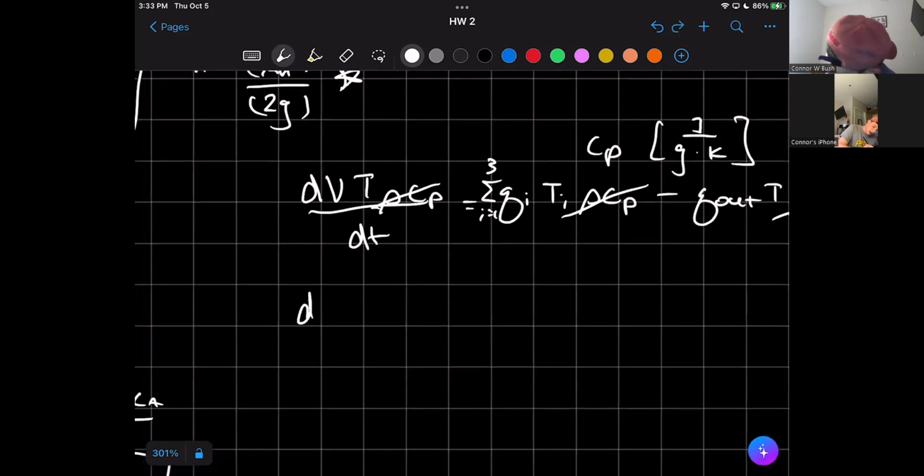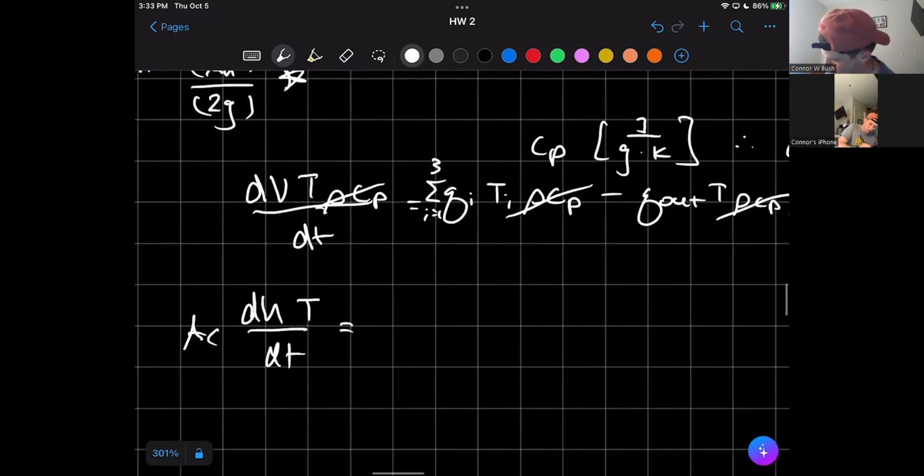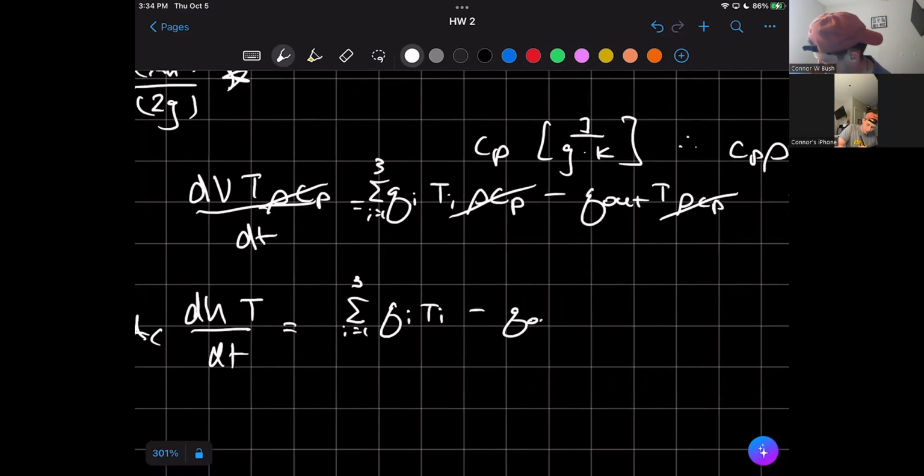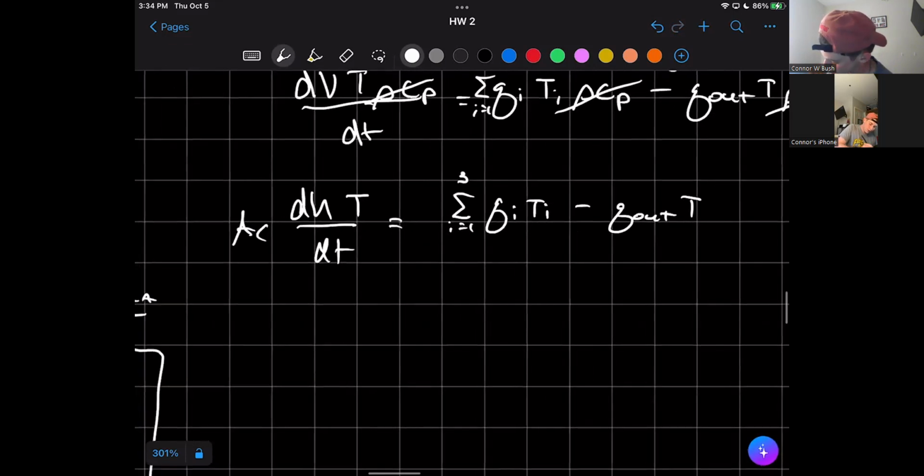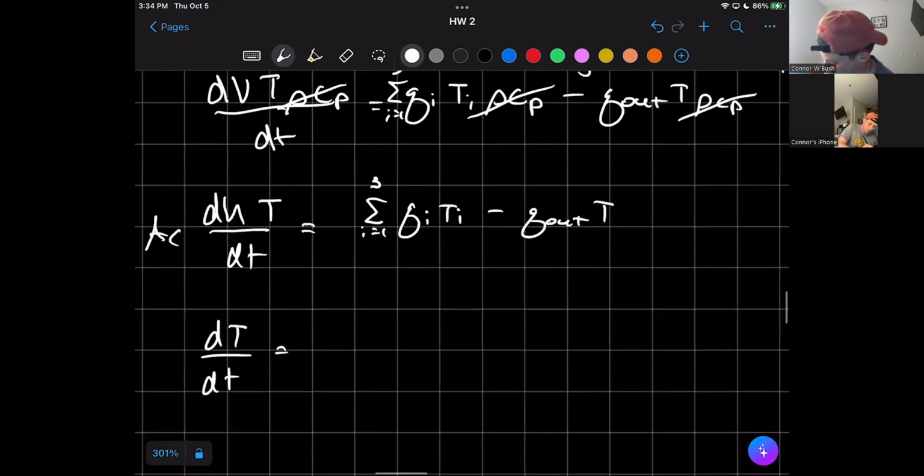And then if we separate out dH from the volume, we're left again with this expression of the cross-sectional area of the tank multiplied by dH/dt. And then temperature stays within the differential because it is changing. And then if we do the product rule and then move everything over to isolate the change in temperature with respect to time, we are left with an expression similar to dC_A/dt.